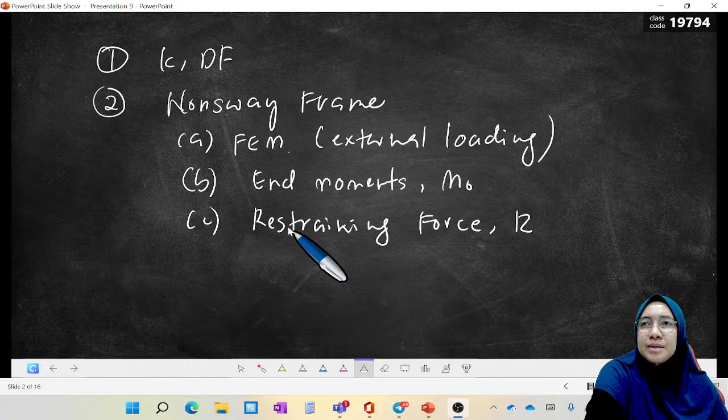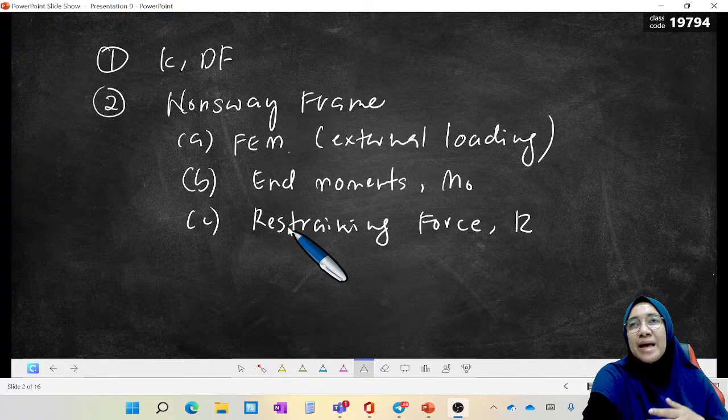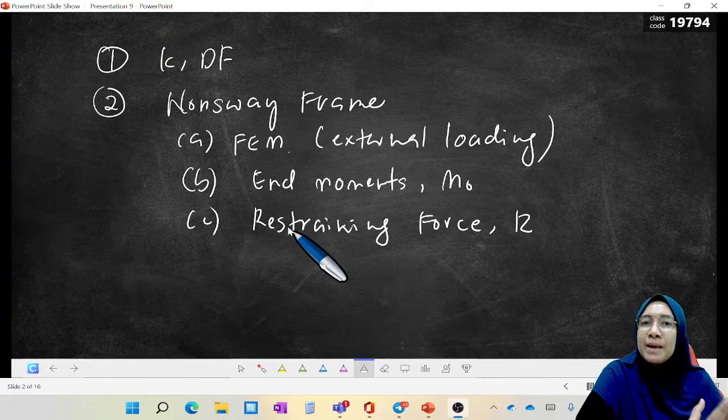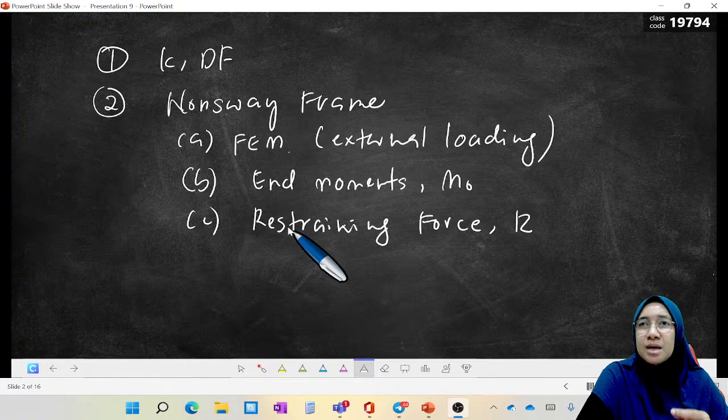Before we took a break just now, I was talking about FEM, which we can have in two conditions. One is FEM due to external loading. One is FEM due to delta. So for beam analysis, whenever we analyze a beam with support settlement given in the question, when settlement is given in the question, we know the delta value.